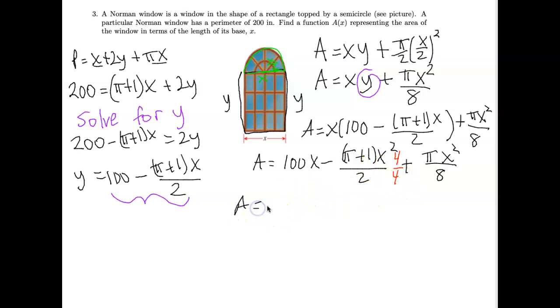So we'll end up with area equals 100x minus, and I'm also distributing that negative, so it's minus 4 pi x squared over 8, minus 4x squared over 8, plus pi x squared over 8.